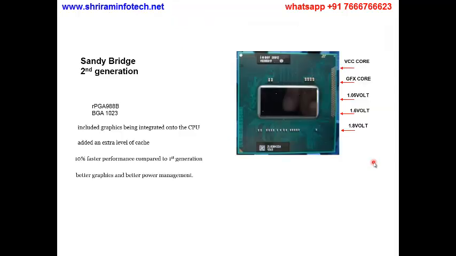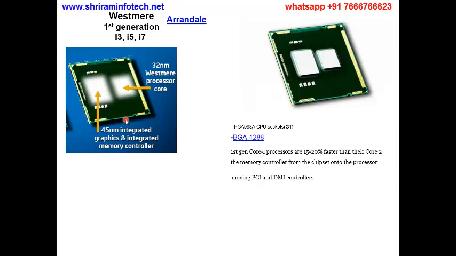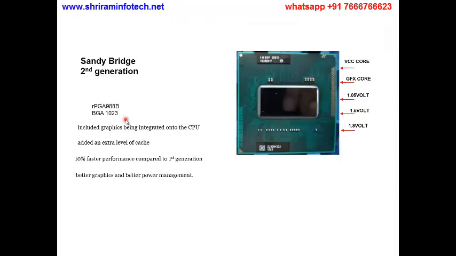Then the next processor is called Sandy Bridge, the second generation processor. In generation 2 the socket number is 988B. In generation 1 it was 988A. Here it is 988B, and if it is BGA, 1023. In generation 1 it was 1288, here 1023.